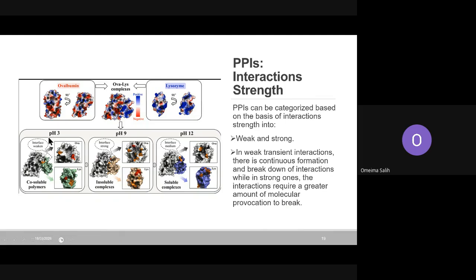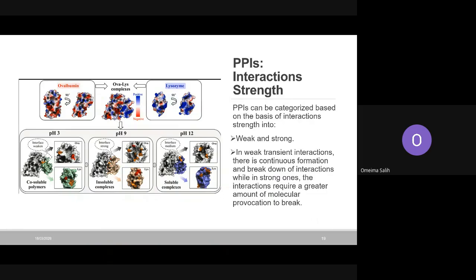So in acidic pH, they are stable, okay, and as the pH goes higher, to alkaline pH of 12, then they tend to dissociate. So again, this is called transient because it changes with the pH of the cell or the solvent where this complex is found.